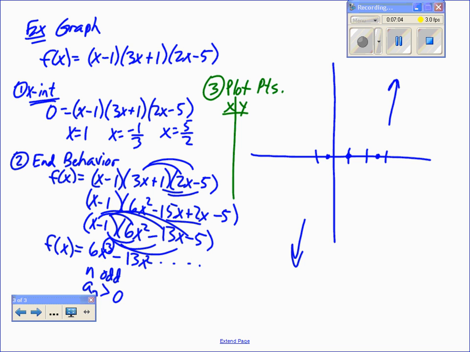Now we already know that 1, 0, we got the 2.5, 0. We got negative 1/3, negative 0.3 repeated, comma 0, right? There's your negative 1/3, comma 0. So we could put in some other points here.